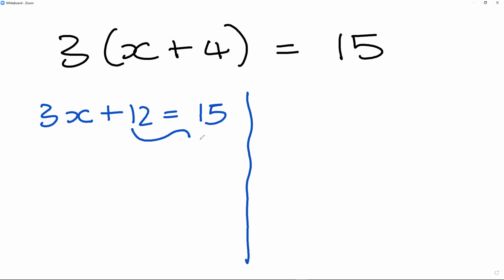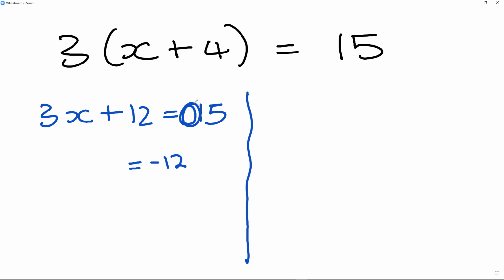If I move this 12 over, it'll become negative 12. Change sides, change signs, on the other side of the equal sign. I'm just going to move the equal sign slightly to the left and move the 12 over there. Now moved over, it changed its sign into -12.